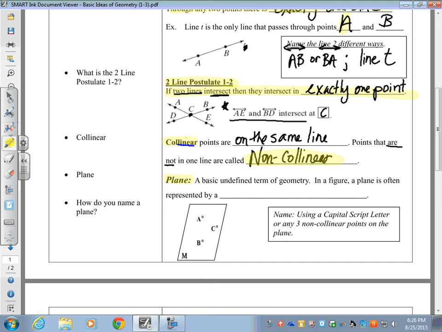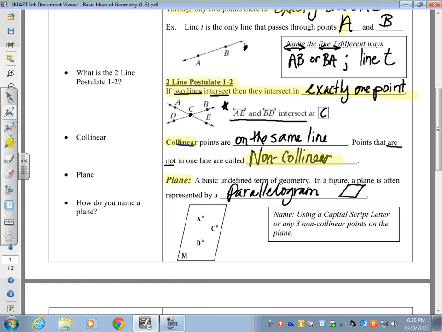And then our last basic undefined term in geometry is what we call a plane. And a figure of a plane is often represented by a parallelogram. If you forgot what that was, most people think of it as a side or slanted rectangle. It's leaning to the side one way or the other. Now, you're going to have to be able to name a plane.